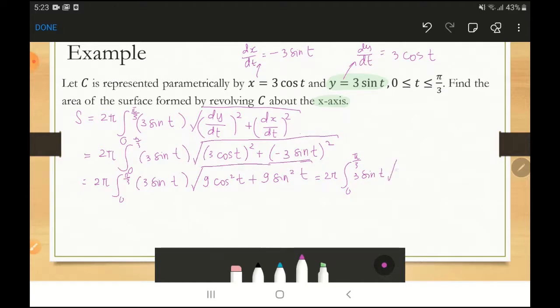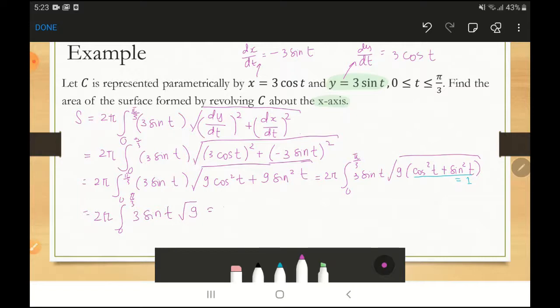We can factor out 9, so we have cos squared t plus sin squared t. If you remember, this is equal to 1, right? It's a trigonometric identity. So we have 2 pi times the integral of 3 sin t times the square root of 9, which is just 3.